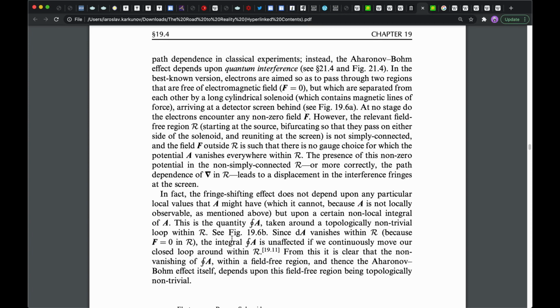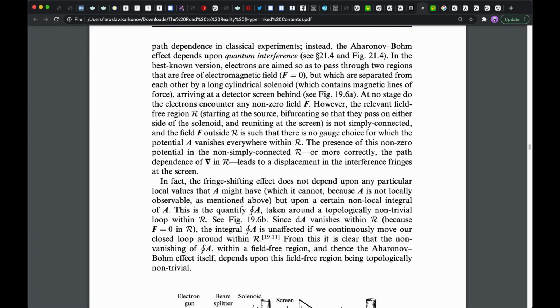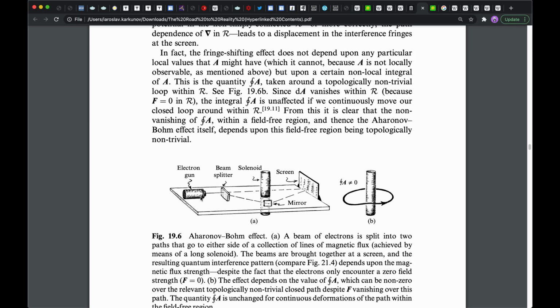But the main thing here is that, okay, let's look at the setup. The setup includes an electron gun and a beam splitter, which splits the beam of electrons into two. We have a solenoid isolated from the outer space, so the field is non-zero only inside that solenoid, so the field is 0 for both of those beams.